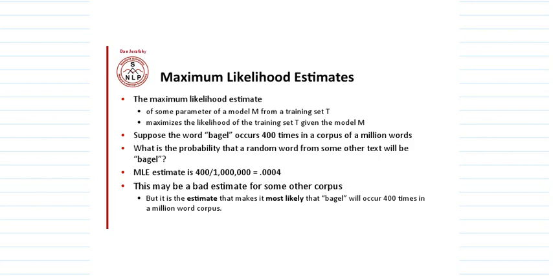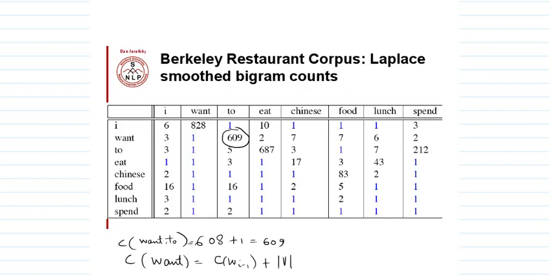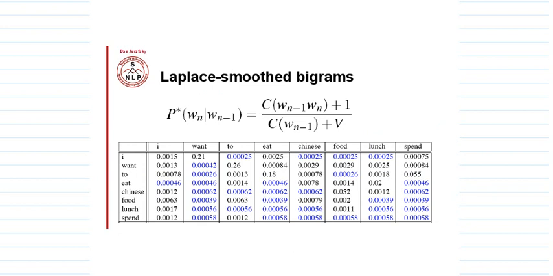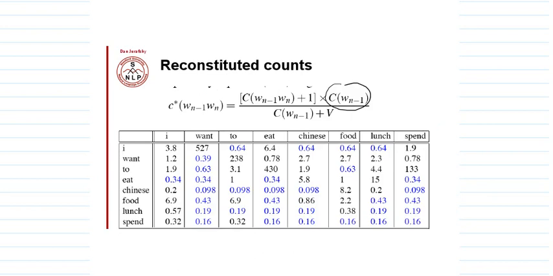So this C of wi minus 1 comma wi is actually this counts table, right? So when we multiply it with the original number of counts, we get the Laplace counts, right? So we get these modified counts that correspond to this probability. We have these as probabilities, and these are the reconstituted counts.